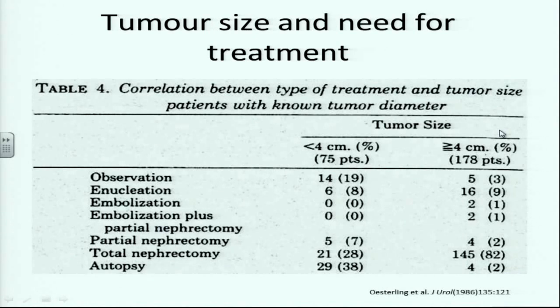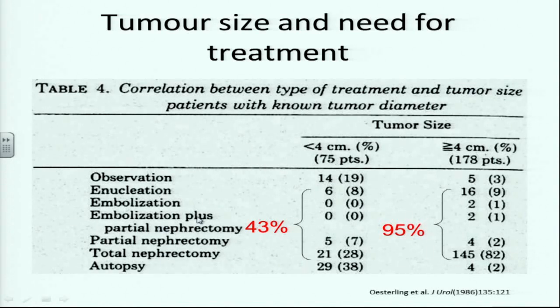This is looking at what intervention they required and splitting it up. What you can see here is less than 4 centimetres and more than 4 centimetres, and you've got 43% of patients in this study required some form of intervention, be it an embolization, be it a partial nephrectomy, that is removal of the AML but leaving the kidney behind to try to spare renal function, or removing everything, the tumour and the kidney.